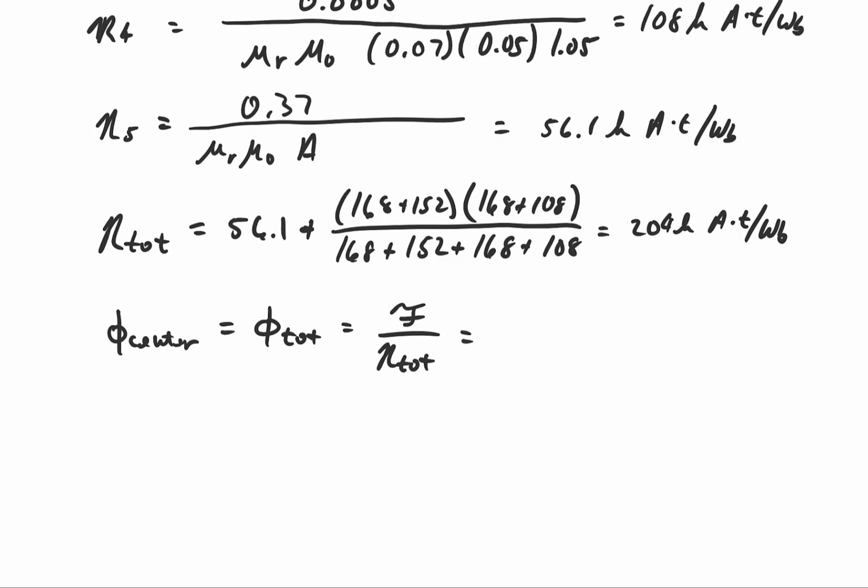My magnetomotive force is 300 turns times 1 amp, so it's 300 ampere turns, divided by the total reluctance, which we just computed, so 204,000 ampere turns per Weber. And we find that what we have is 0.00147 Webers.